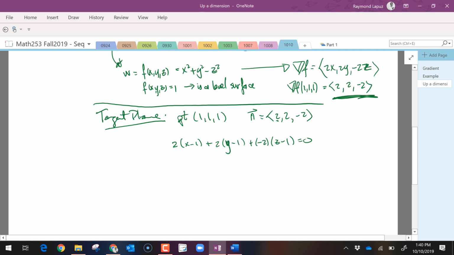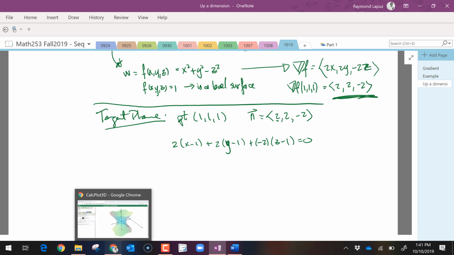Some of you would prefer to just say 2x plus 2y minus 2z is equal to d, where d is the dot product of these two things. We'll get the same answer. In fact, I can even divide by 2, and then this whole thing would still be okay. All right? Anyways, I'm going to leave my plane like that, and I'm going to go ahead and check it out and see if it actually would match.